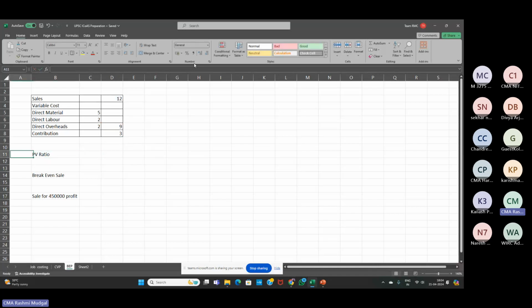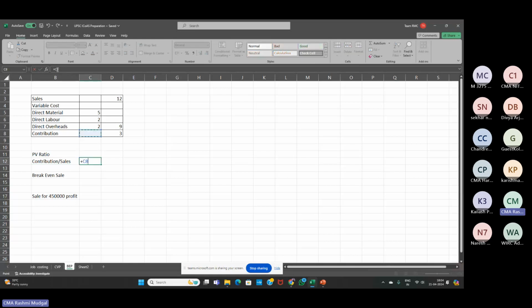So if I want to calculate my PV ratio, my PV ratio is contribution divided by sales. That is my formula for the PV ratio.